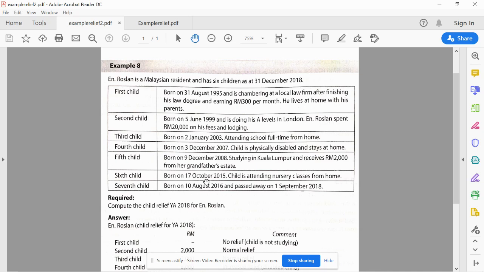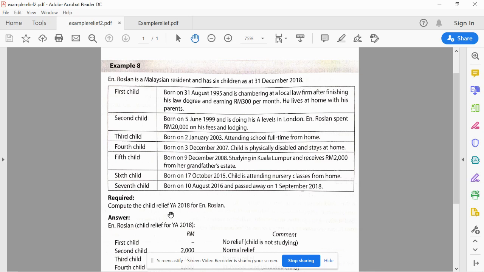The sixth child, born on 17 October 2015, the child is attending nursery classes from home. And the seventh child, born on 10 August 2016, but passed away on 1st September 2018. So you are required to compute the child relief for your assessment of 2018 for Encik Roslan. Alright, so we have to go through every child.